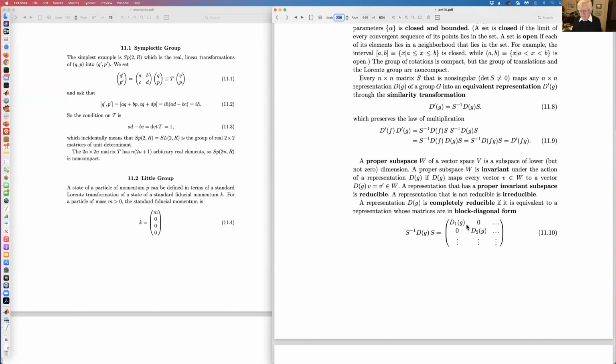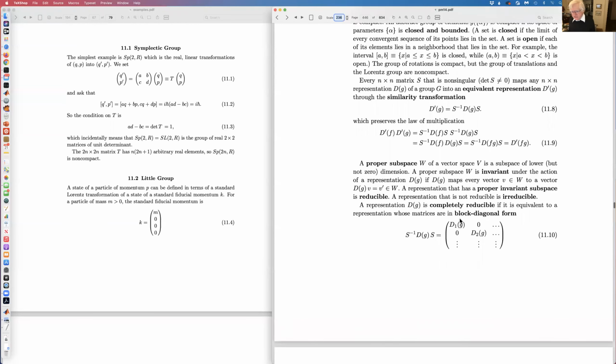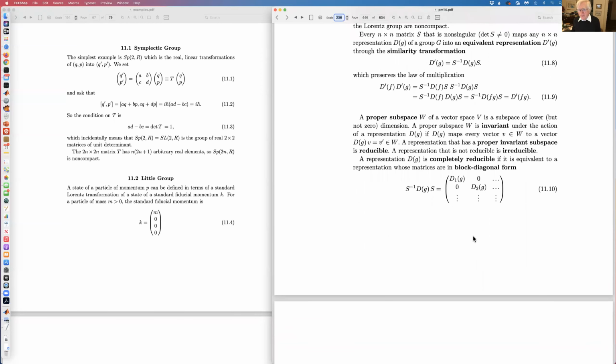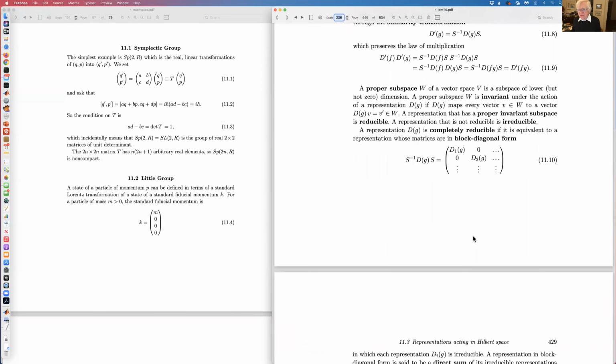The vector space that D1 acts on is, of course, a subspace of the whole vector space because it's just the top corner. And the same thing for D2 and D3. And D1 maps vectors in that subspace into the same subspace because this is a square matrix. So a representation that has a proper invariant subspace is reducible.